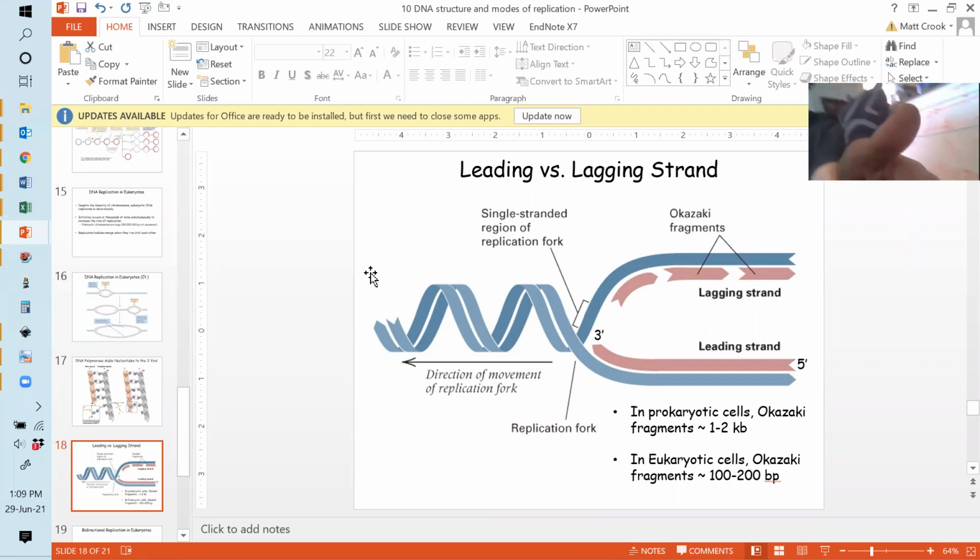Now, the issue is we now have lots of these gaps to fix and fill and stick together. That's what takes time. That's why this is called the lagging strand, because it takes longer for this strand to be completely finalized, so it's all done. The actual DNA replication part does not take any different amount of time. It's all the other stuff afterwards.